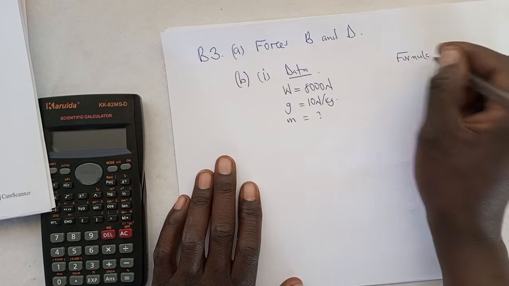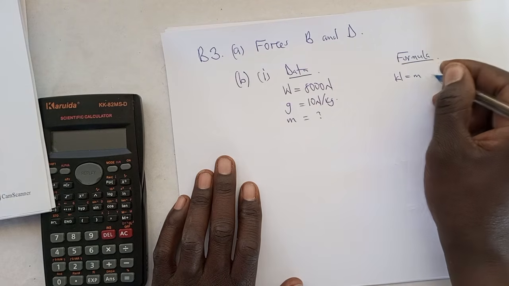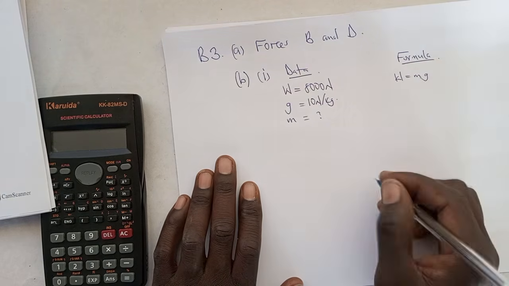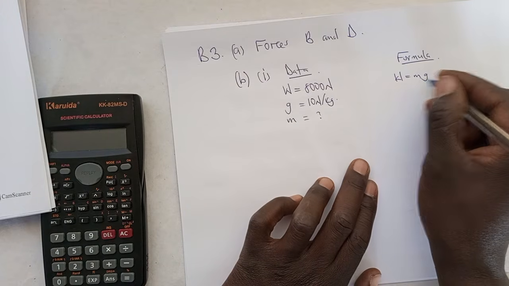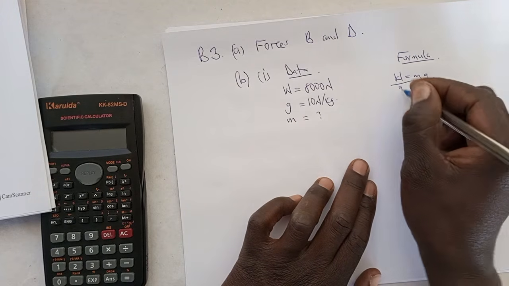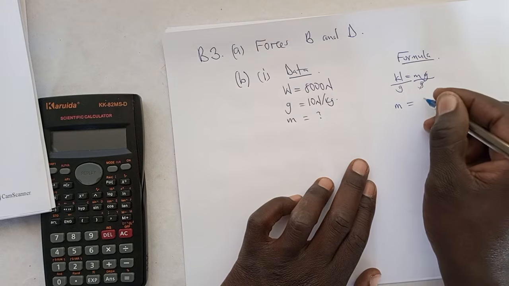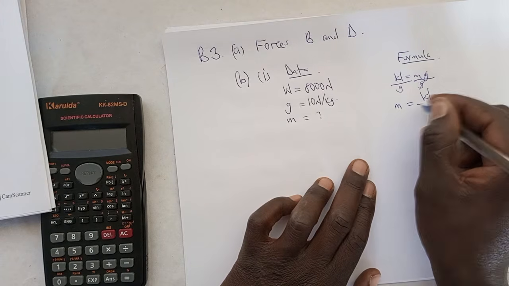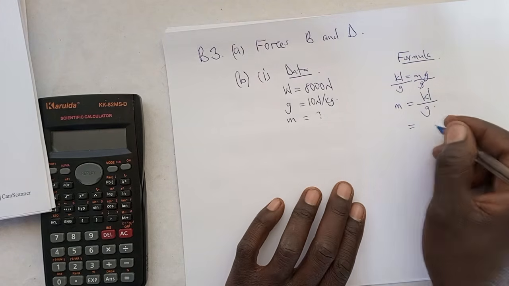Well, from the formula, we know that weight is equal to mass times force of gravity. And then what we want here is mass. So we make mass the subject of the formula, and then we are going to have mass being equal to weight over force of gravity. And what is our weight?